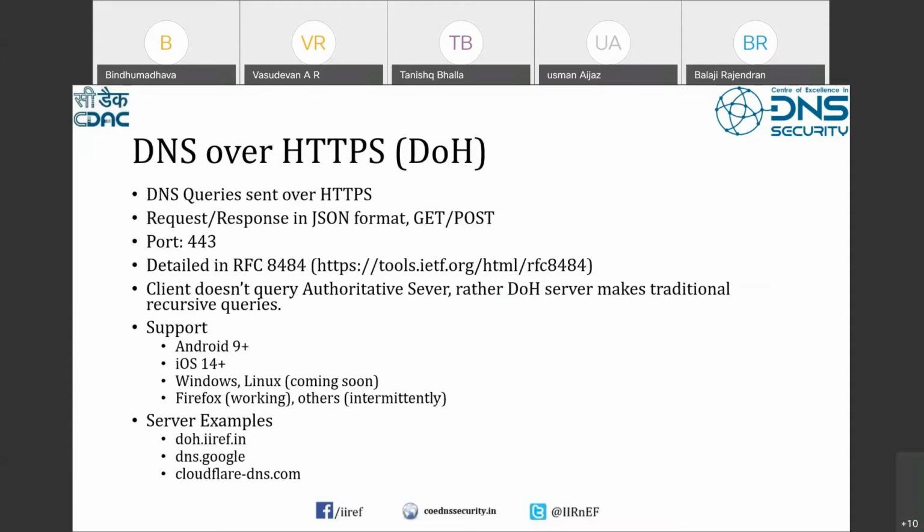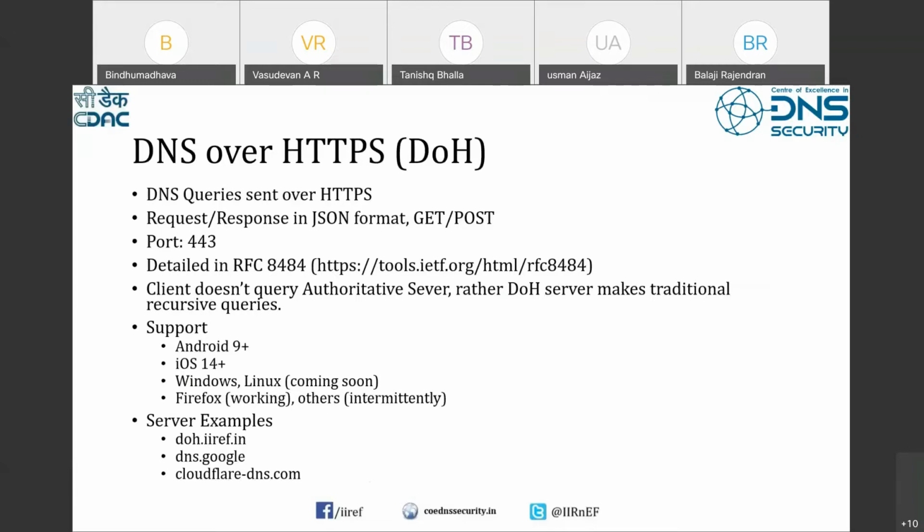DNS over HTTPS. So we already know that HTTPS uses the TLS protocol for encrypting the HTTP request and response. So here the concept is that in the same HTTP request and response, we can send the DNS queries as well. So DNS queries will also go over an HTTPS connection in encrypted form.